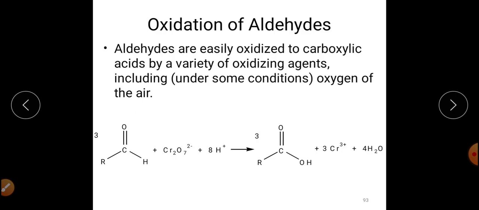These three reagents are also used as tests for the identification of aldehydes in an unknown organic compound. In the subsequent slides we will discuss these reactions, the oxidation of aldehydes and ketones.